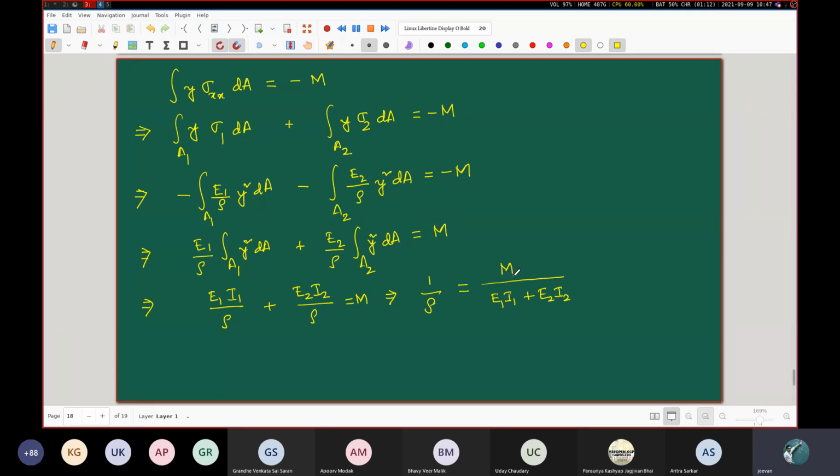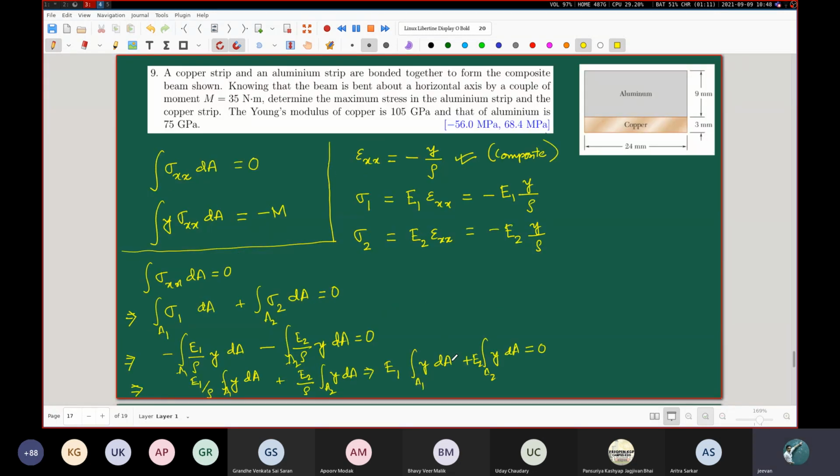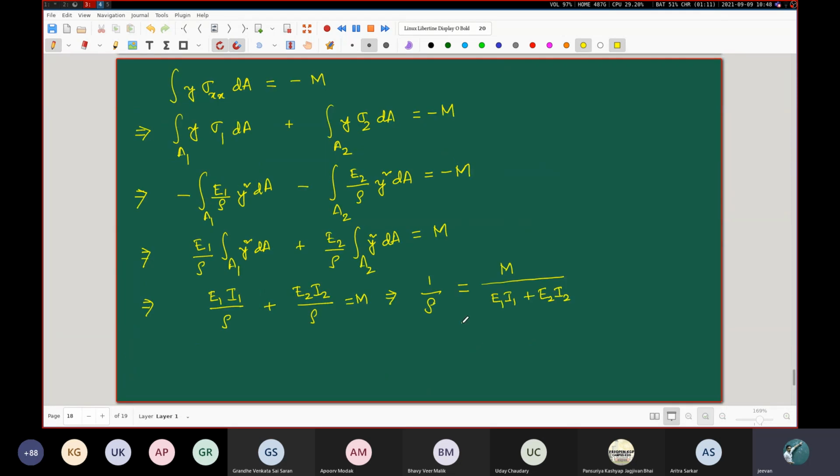Because at a particular cross section, either from the bending moment diagram or from other calculations, or if it is given to us directly, we know the value of this M. E1 and E2 will be provided to us, and I1 and I2 are purely geometric quantities which can be calculated for any given cross section. So this entire right hand side will be known to us, and therefore this rho also is now known to us.